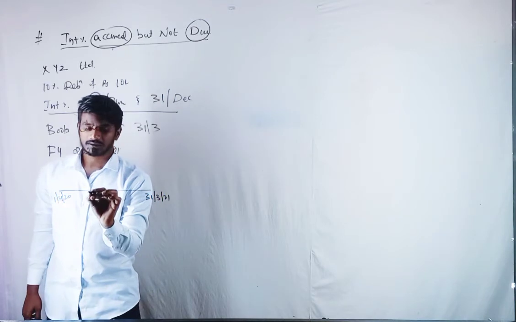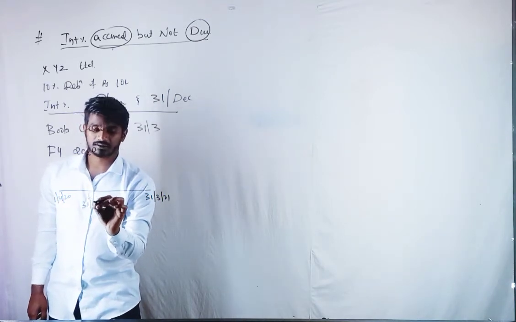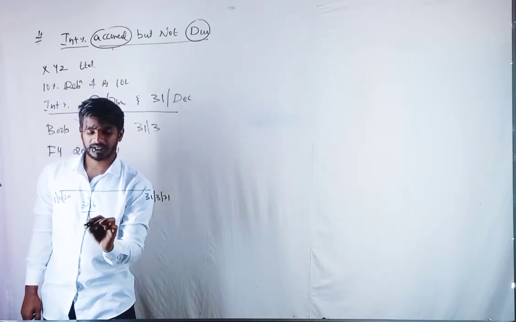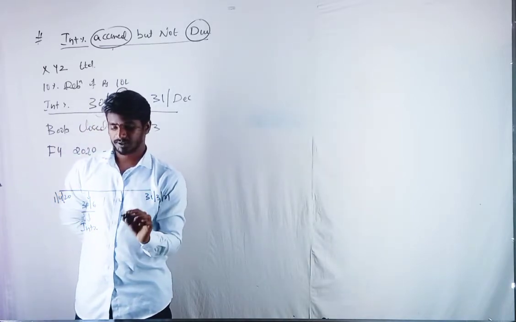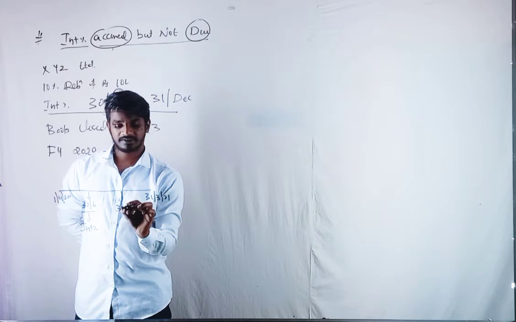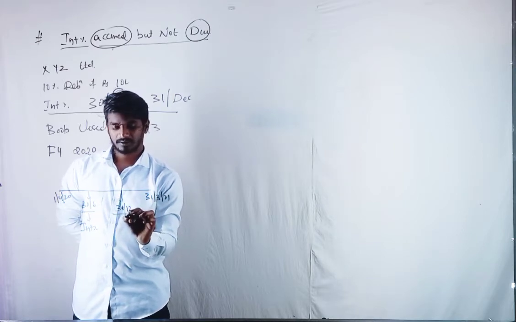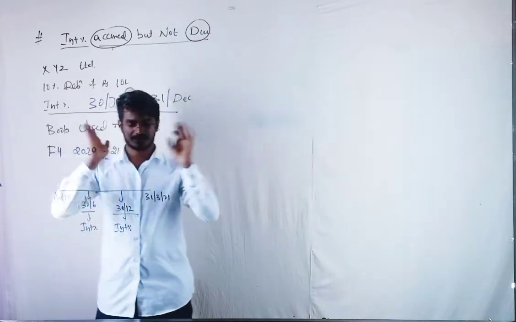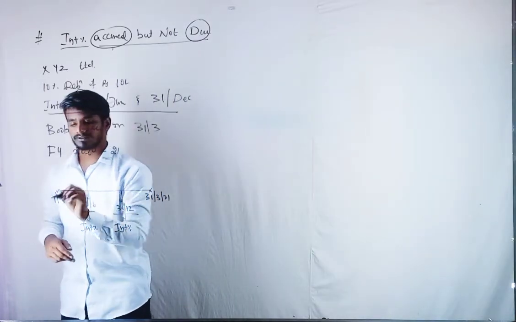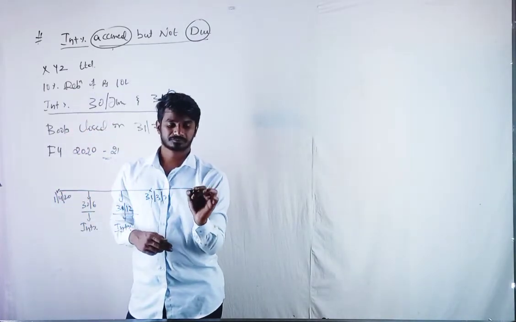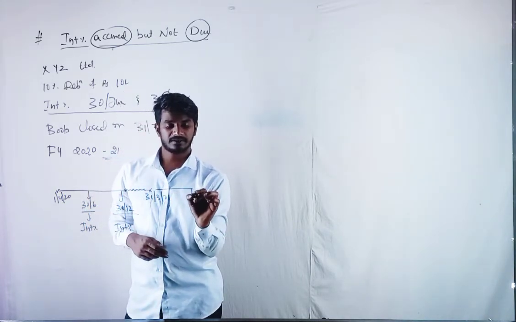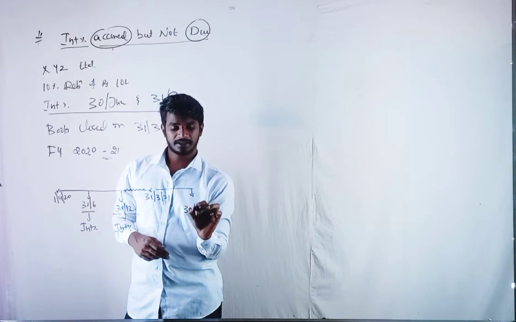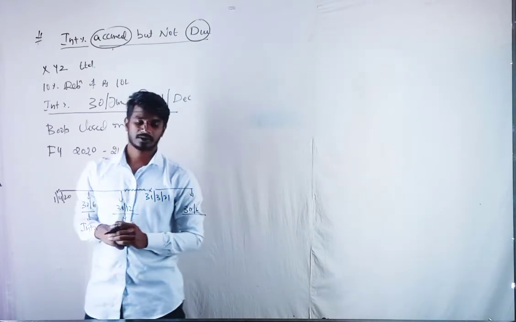Here on 30th June, we will pay the interest. And after 6 months, on 31st December, we'll pay another half year's interest. Fine, sir. I understood this. And one more thing: these 3 months interest we will pay in the next year, on 30th June.